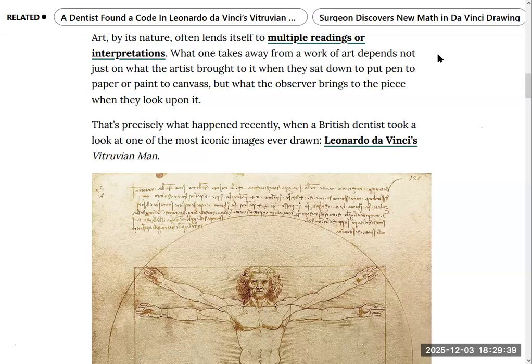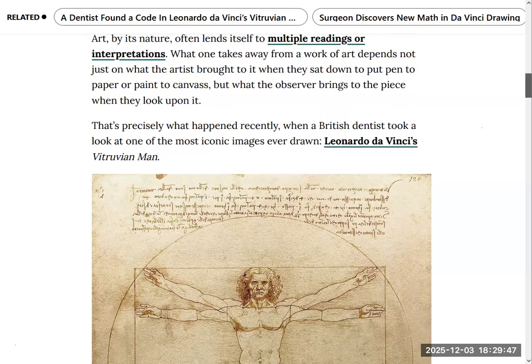So the observer should be a person, or observers should be people who look at this picture. Like you and me as we look at it.